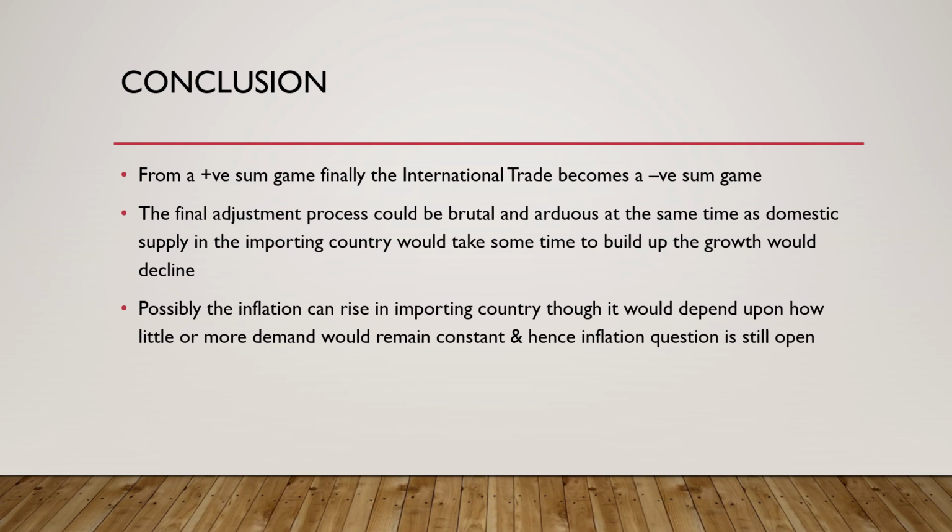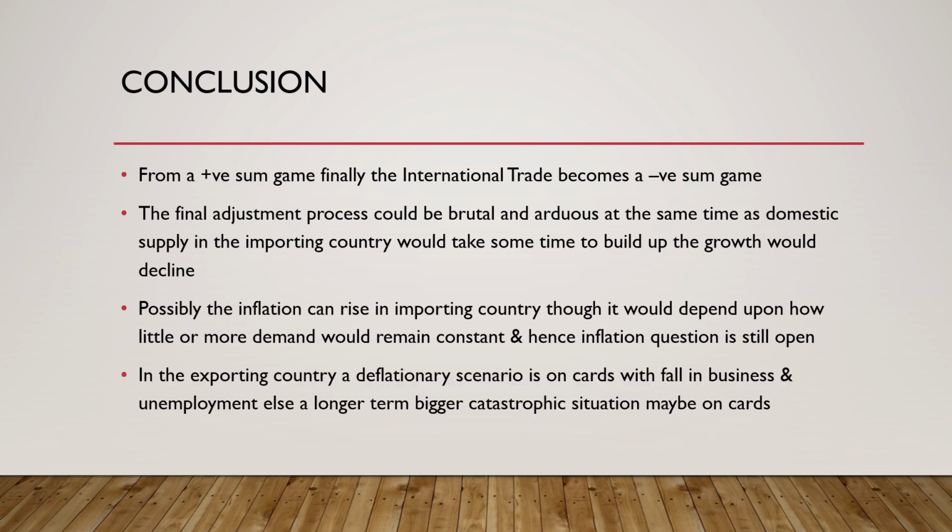Possibly, inflation in the importing country can rise, though, as we have seen, it would depend upon how much of the demand is inelastic or elastic, and hence the inflation question is still open. In the exporting country, however, a deflationary scenario is on the cards, with a fall in business and rising unemployment. If, however, any other route is taken, it can lead to a bigger catastrophic situation for the exporting country.